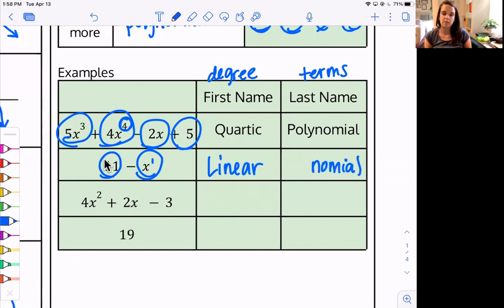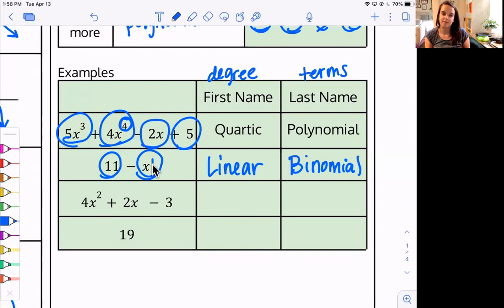Is it a monomial, binomial, trinomial, or polynomial that has 2 parts? What kind of nomial is it? Yeah, it's a binomial.